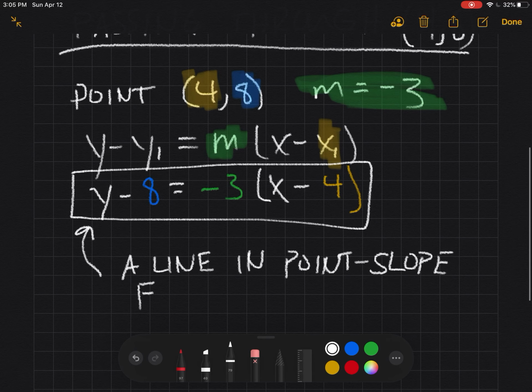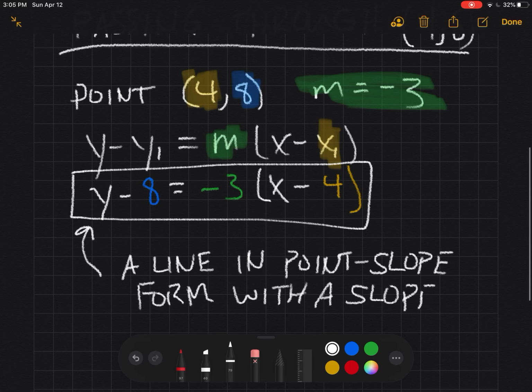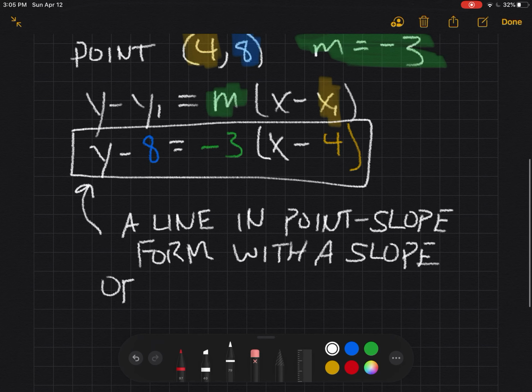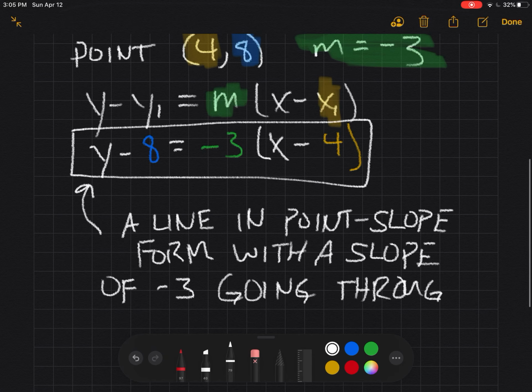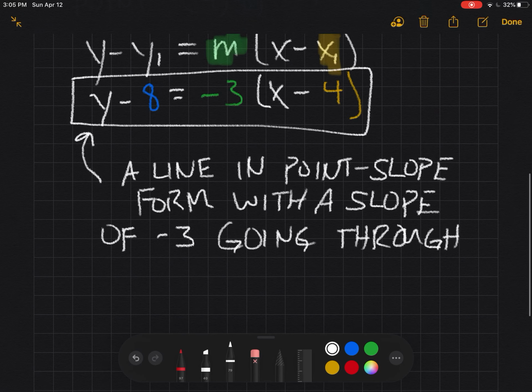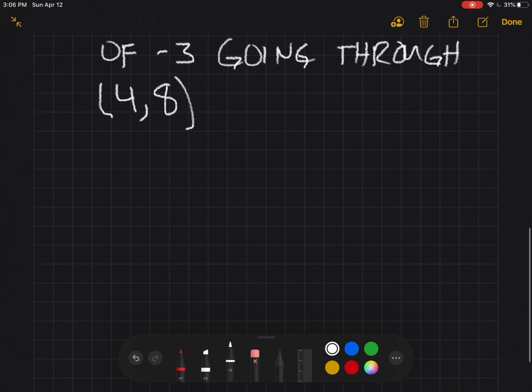This is a line in point slope form with a slope of -3 going through our point 4, 8.